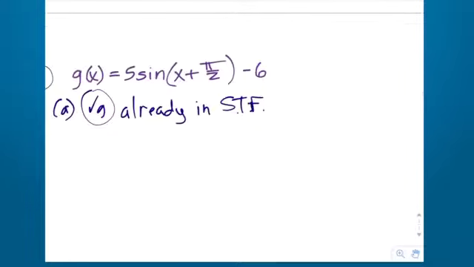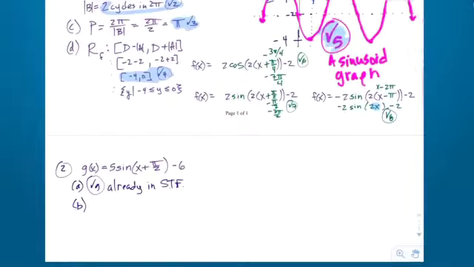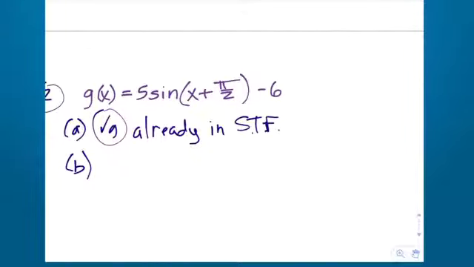Cool. All right, so part B, I asked you for the number of cycles in 2 pi, which is what? 1. 1 cycle in 2 pi. Or, as Zane would probably just put, 1. Just answered it directly. Okay, 1 like that, or just a straight line, or O-N-E.